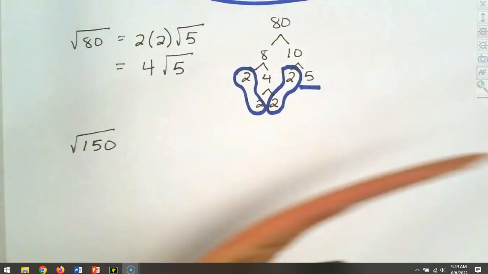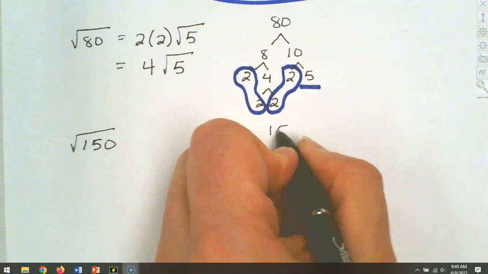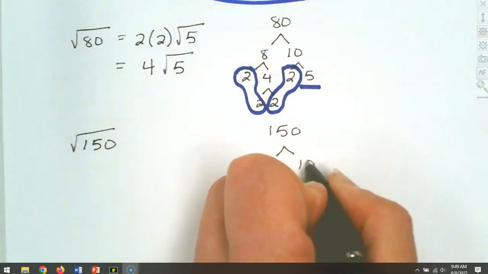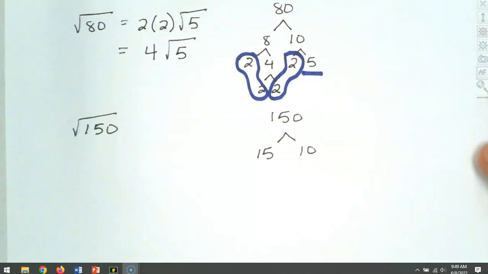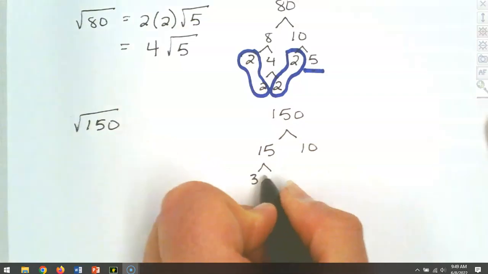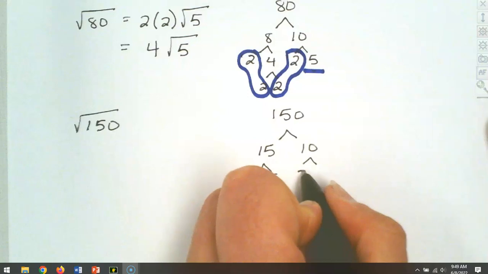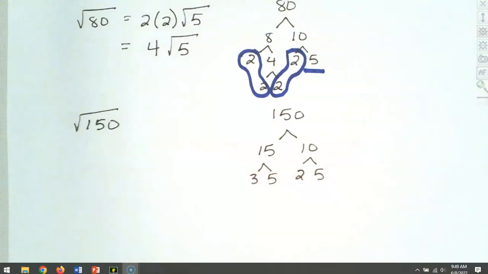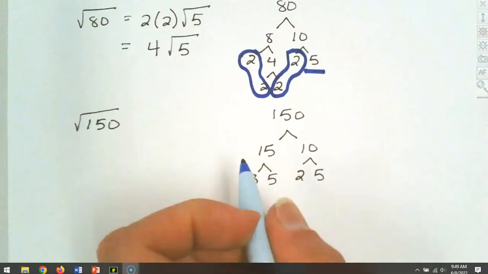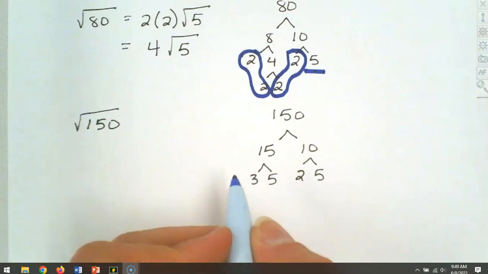And again, you can break these up however you want to. 150 ends in a 0, so I'm going to go ahead and use a 15 and a 10. Easy enough there. And 15, we can break that down into 3 and 5. And 10, we can break that up into 2 and 5. I picked this one on purpose because we're going to have to work with the roots a little bit differently because they're going to multiply as well.